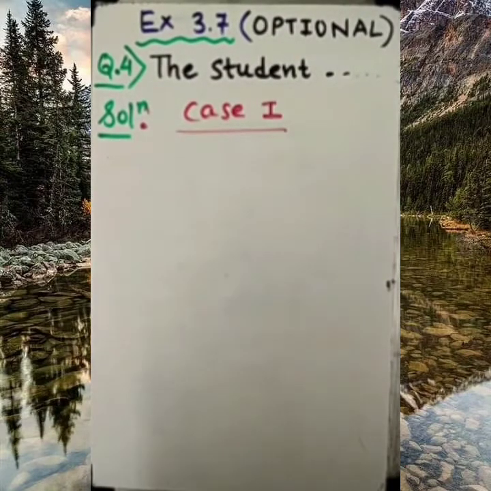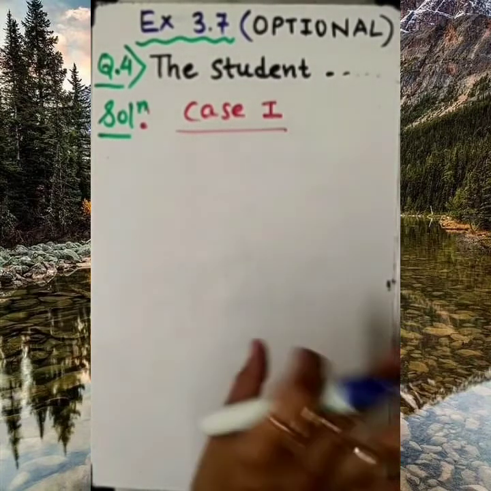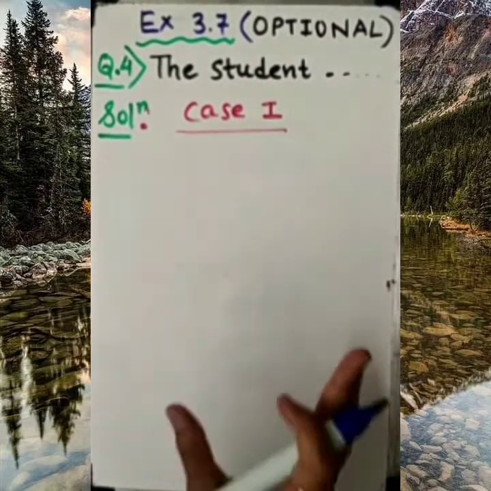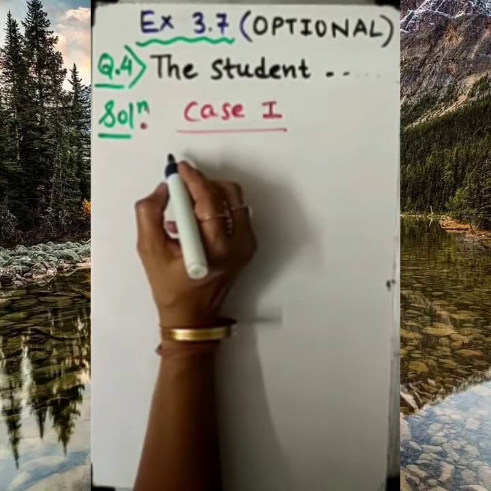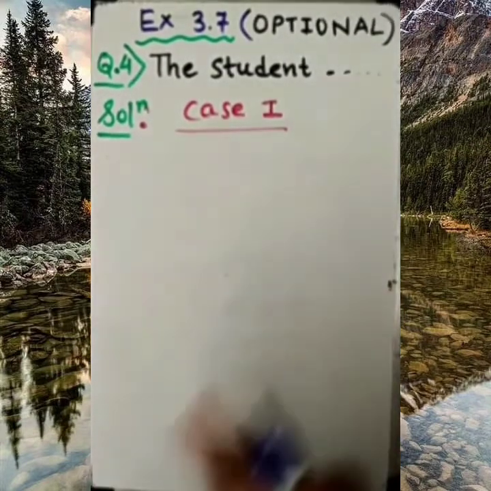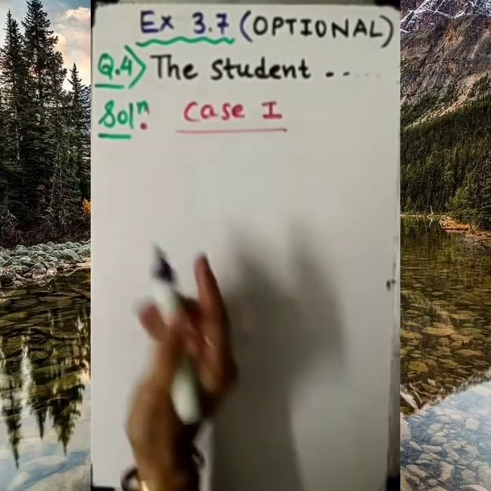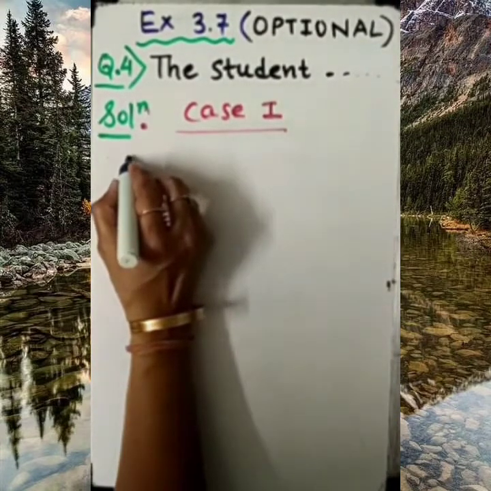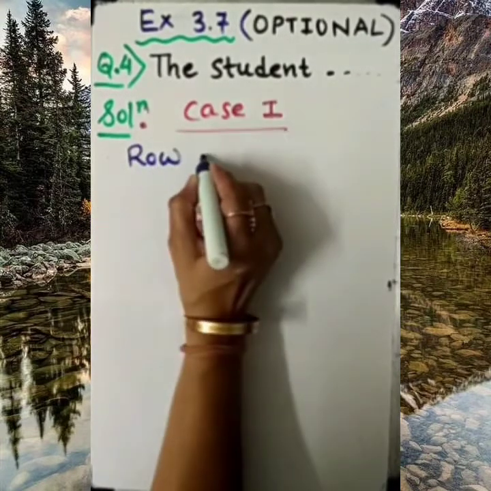Now what does case number 1 say? We are given that when 3 students are taken extra in each row, what will it become? Of course, the number of students in a row is x and 3 we are adding to that.